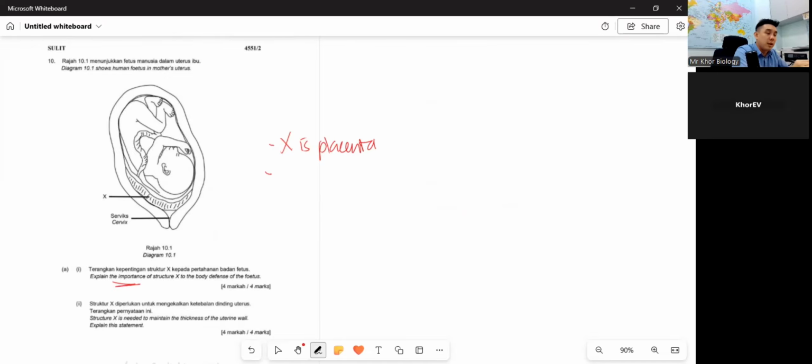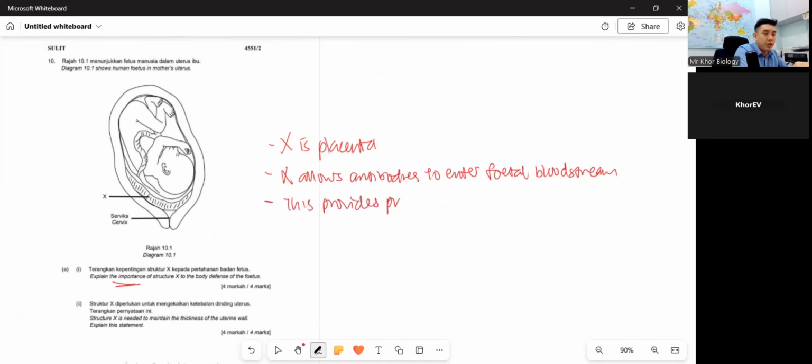First of all, X allows antibodies to enter the fetal bloodstream. This provides protection against pathogens, because they mention body defense.